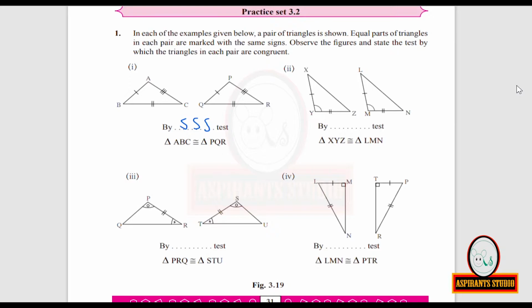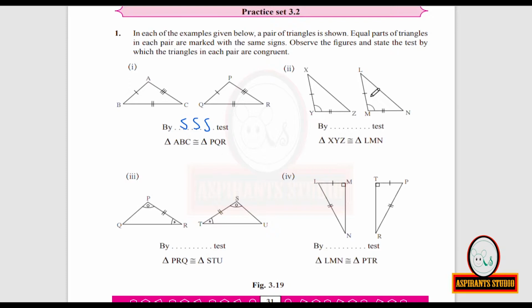Here, in triangle XYZ, the sides XY and YZ and the included angle, angle Y, are congruent with the corresponding sides in triangle LMN, that is LM and MN, and the included angle, angle M. Then triangle XYZ is congruent with triangle LMN.